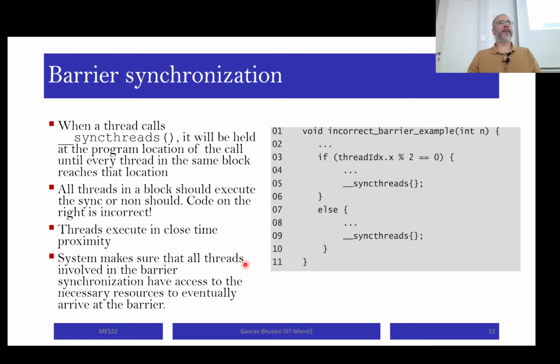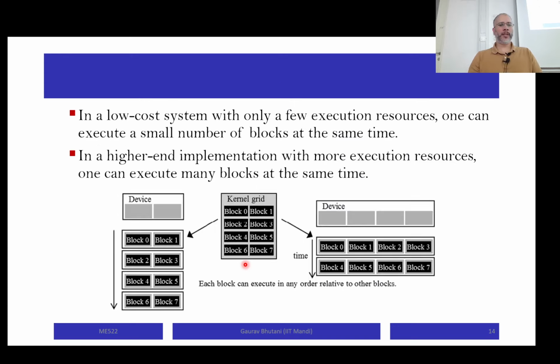So they have the same shared memory available, and they are all equally privileged in a sense. So all the threads in a given block typically behave as if they have to synchronize with each other if there is a barrier call available.